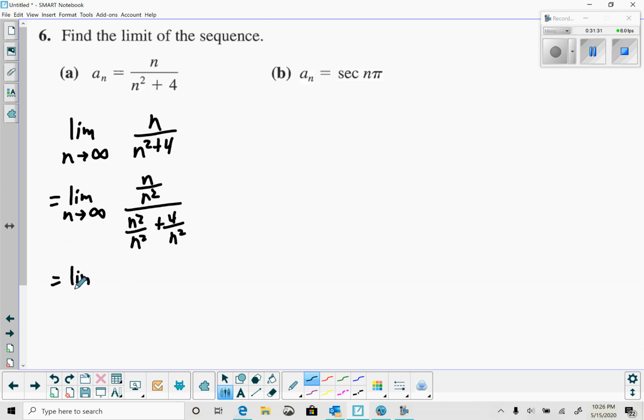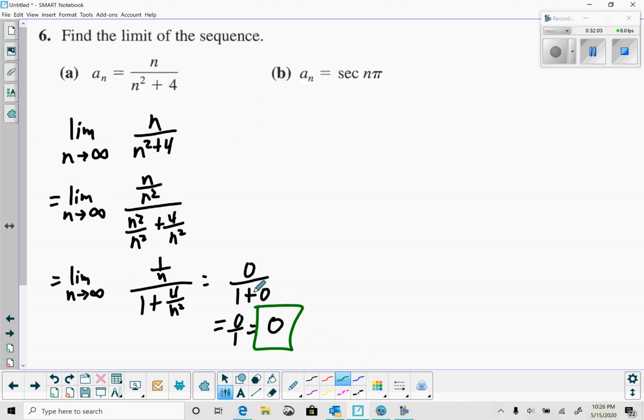So now this is the limit as n approaches infinity of 1 over n divided by 1 plus 4 over n squared. Well, again, my numerator then goes to 0. This part of my denominator goes to 0. Well, 0 divided by 1 is a real number. The limit of that sequence, it gets smaller and smaller and smaller, and eventually it approaches 0.